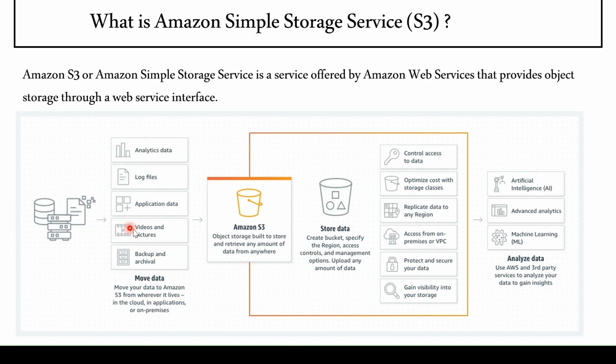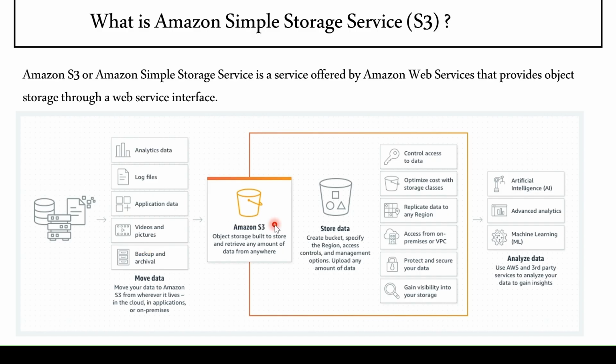In this diagram we have the list of the types of data which can be stored in S3, like analytics data, log files, application data, videos or pictures, or any backup or archival data. So it moves your data to Amazon S3 from wherever it lives, in the cloud, in an application, or on premises.